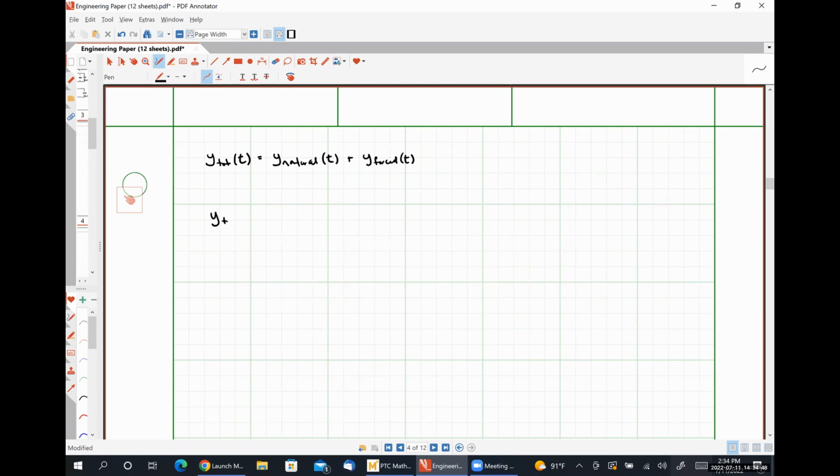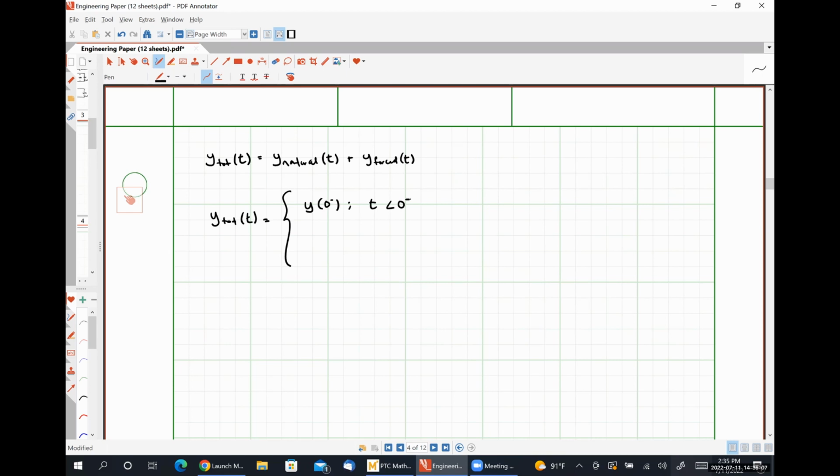So that's going to look like Y at 0 minus, for t less than 0 minus.